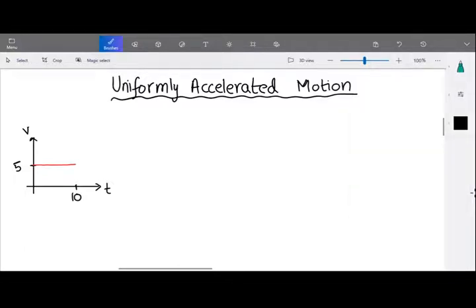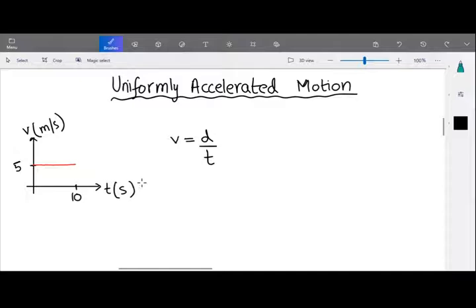Let's write down the units on the axis as well, just so we're sure what units we're using. Now, if we look at the equation that defines this motion, it's simply velocity equals distance upon time, right? So if you know the velocity at which the object is traveling and you know for how long it's traveling at this velocity, you can easily figure out how far the object traveled, right?